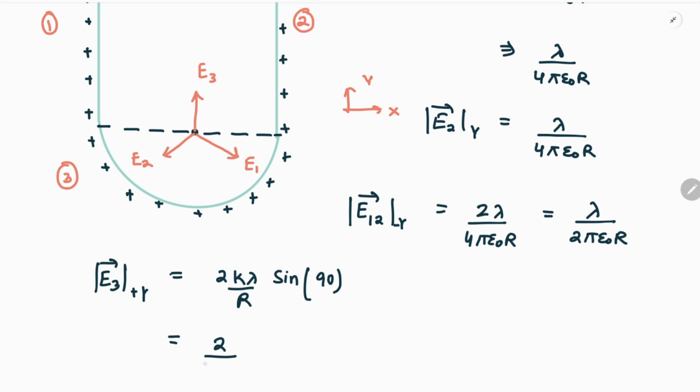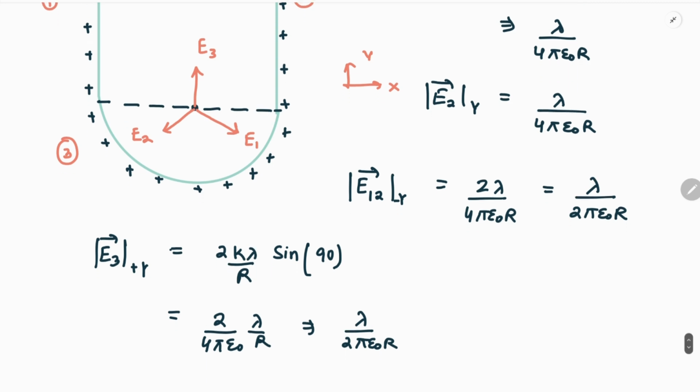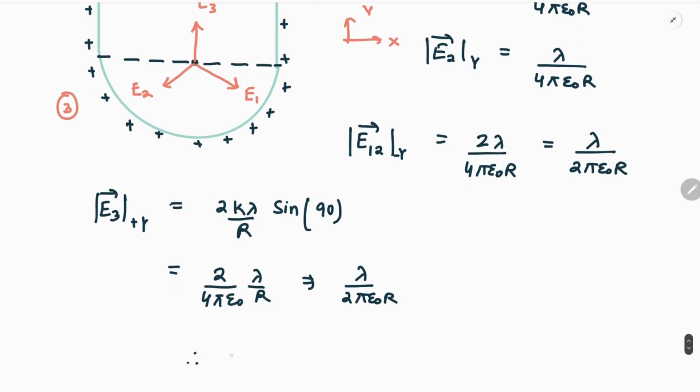So we get twice of lambda by 4 pi epsilon naught r, that is lambda upon 2 pi epsilon naught r, and this is directed in the positive y direction, and therefore E net is equal to 0. So the net field due to all the three systems of charge is equal to 0 for this particular charge configuration. So this is how we solve problem number 3.15.